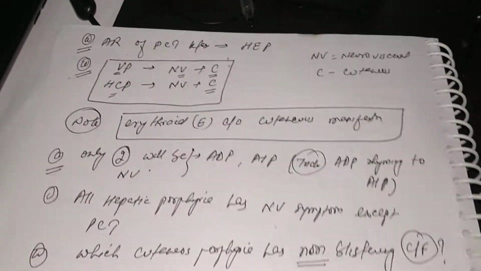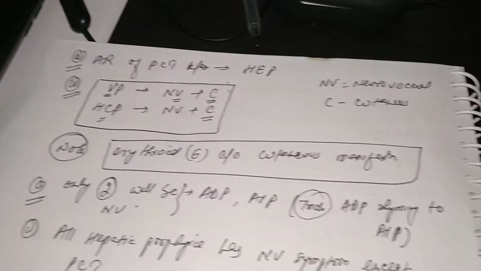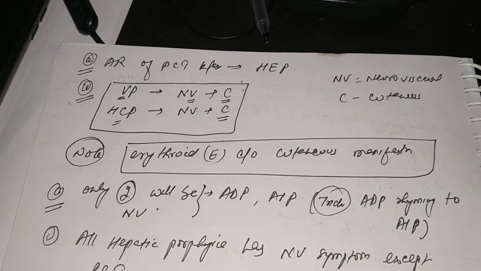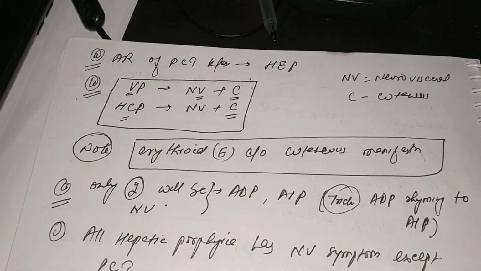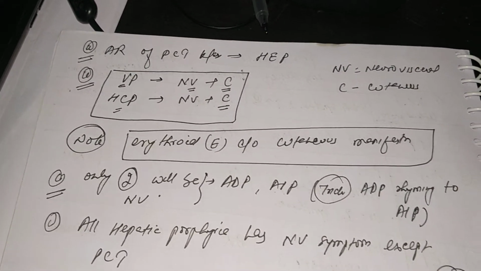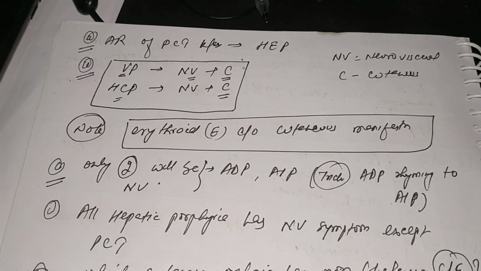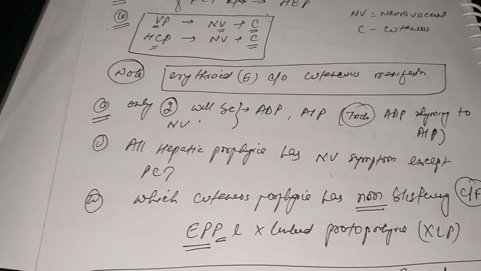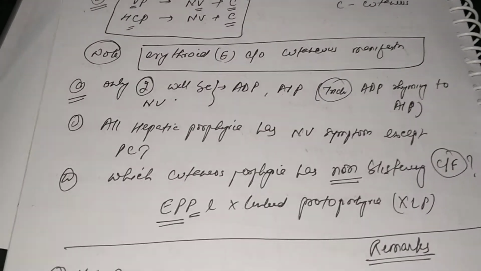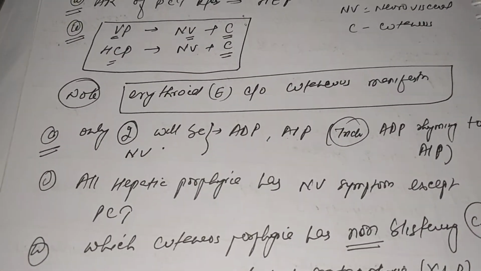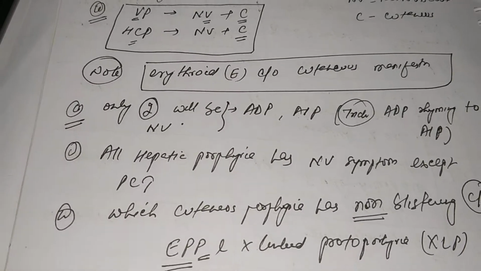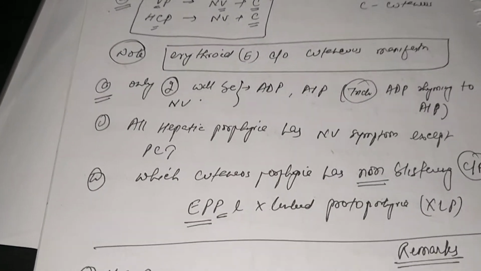Let me ask you one question: the autosomal recessive form of PCT is also known as hepatoerythropoietic porphyria. There are only two porphyrias which have neurovisceral along with cutaneous manifestation, which I have already mentioned: VP and HCP.